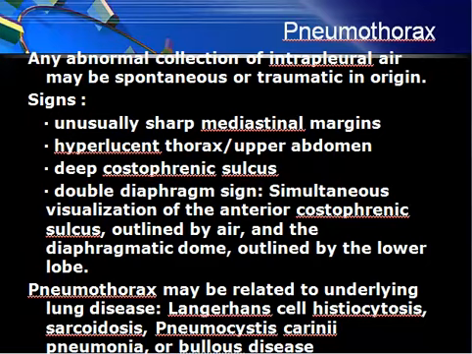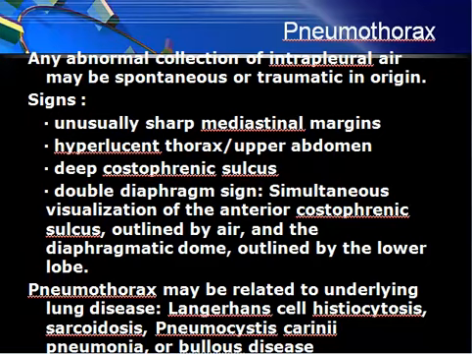Pneumothorax is an abnormal collection of air, maybe spontaneous or traumatic. Signs, of course, we can find: sharp pleural margin, hypertranslucent chest, deep costophrenic sulcus, double diaphragm sign, and simultaneous visualization of the anterior costophrenic sinus outlined with air and the diaphragmatic dome outlined with the lower pole.